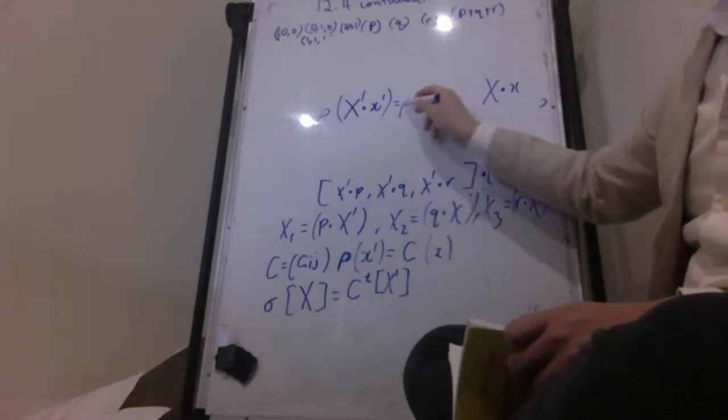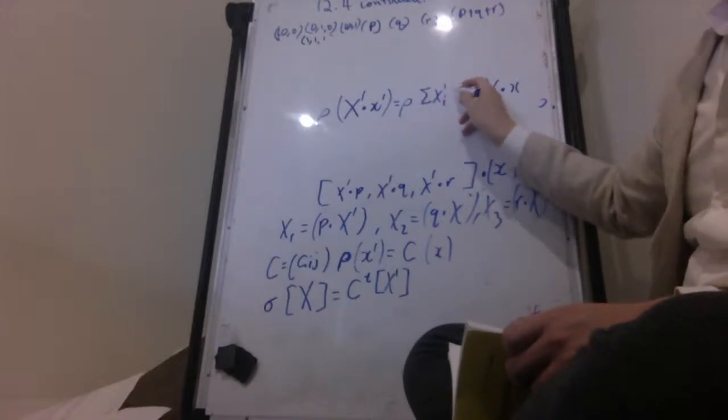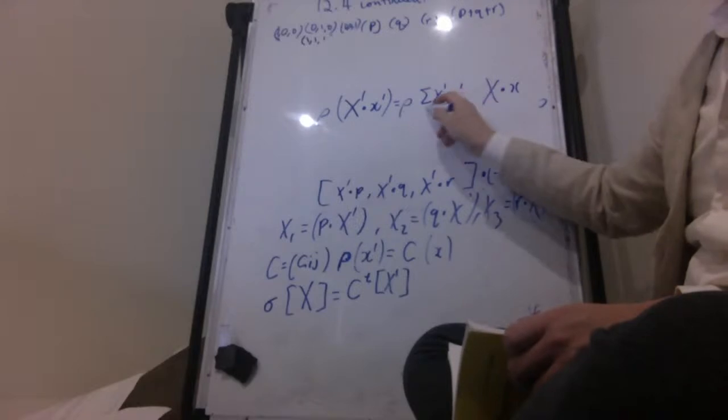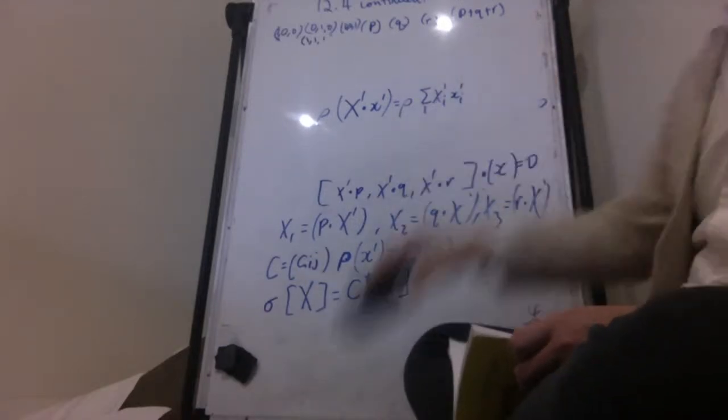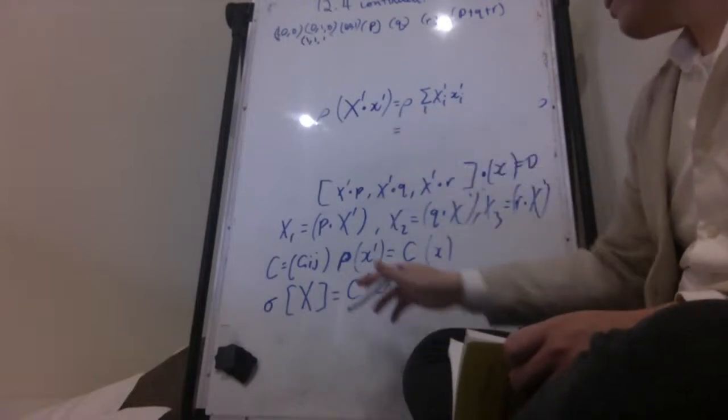So by definition it equals rho times sum of x I x I. Okay. Okay, so how do we relate it to this thing?